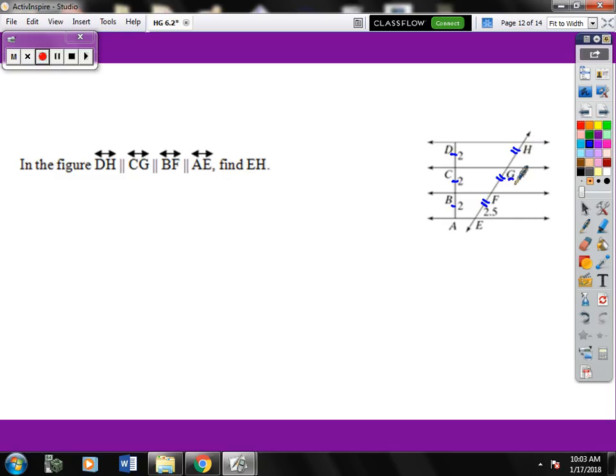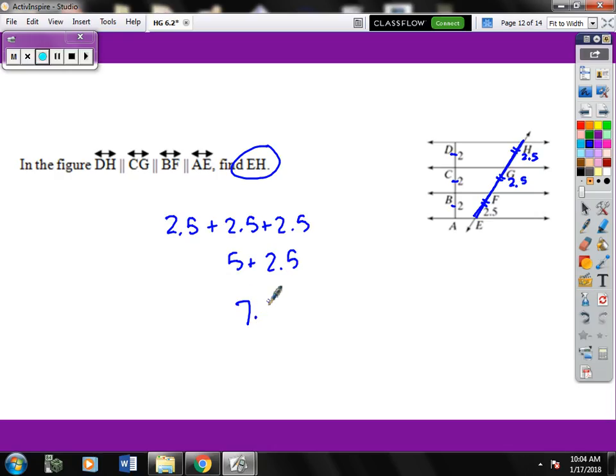If one of them is 2.5, all the others are 2.5. They ask us to find how long segment EH is, which is this whole thing, which would be 2.5 plus 2.5 plus 2.5, or 2.5 times 3. So 5 plus 2.5 would get me 7.5.